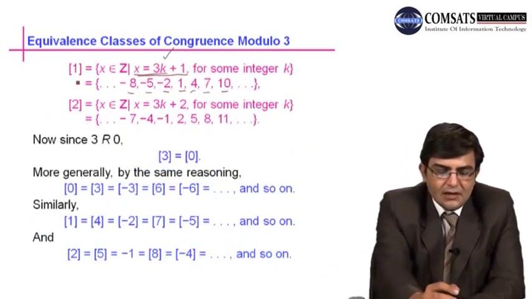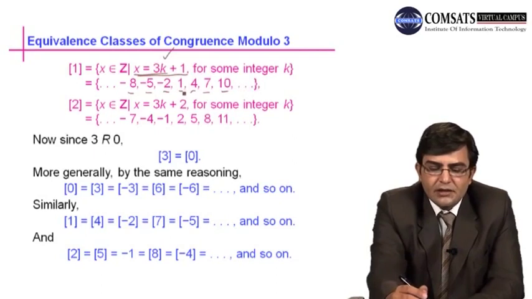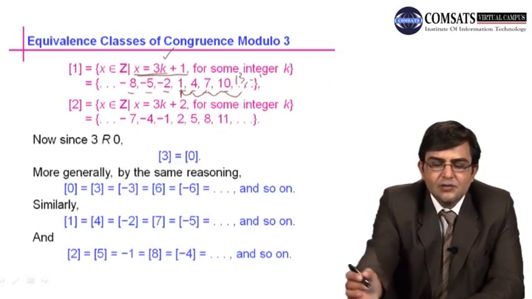Similarly, to calculate the equivalence class of 1, we write 1 in the middle and then we add 3 on the right hand side, again 3, again 3. The next terms will be 13 and then 16 and so on.